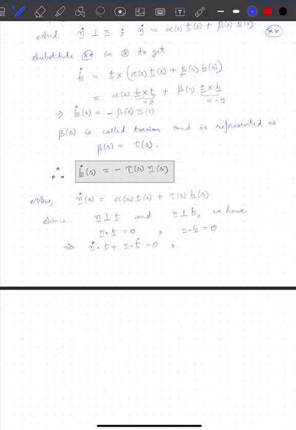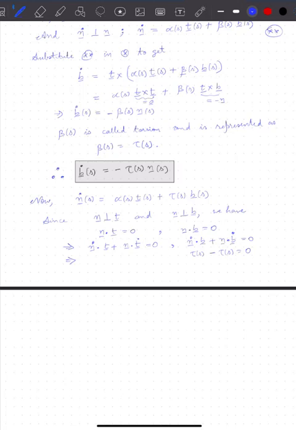Likewise, N dot dot B plus N dot B dot. So N dot B dot is equal to tau of S, plus N dot dot B, so N dot dot B is equal to minus tau of S. This is of course identically satisfied, so nothing to gain from here.